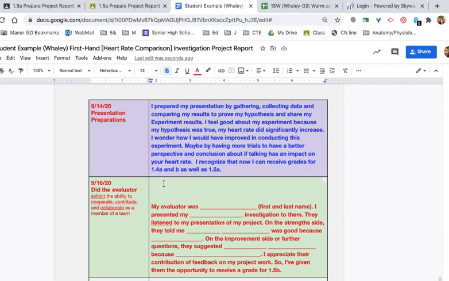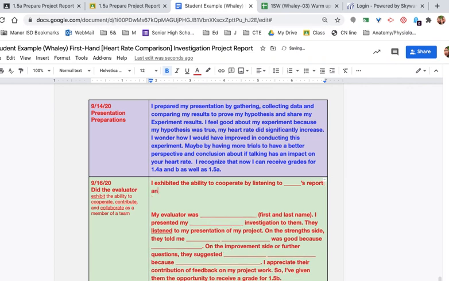I'm going to say I exhibited the ability to, I'm going to say, contribute. I'll say cooperate by listening to Blank's report and contributed feedback to them.